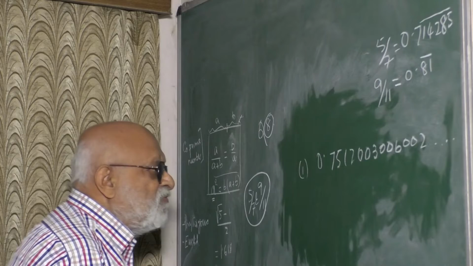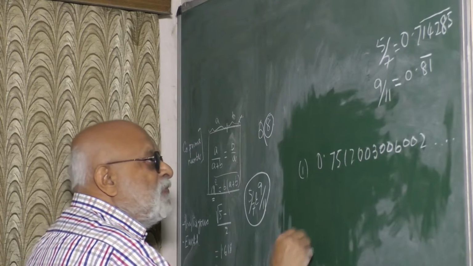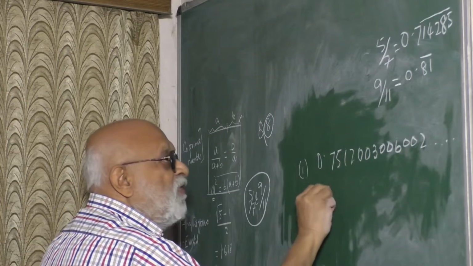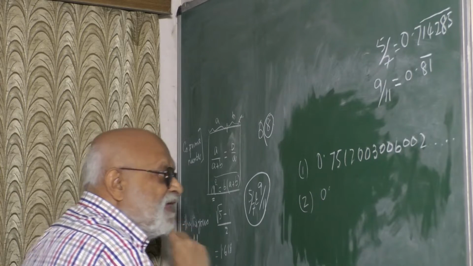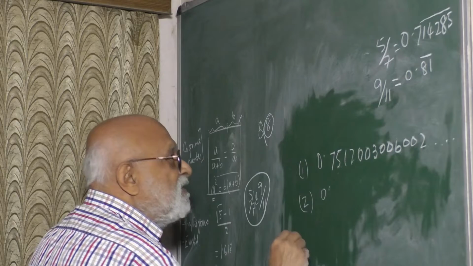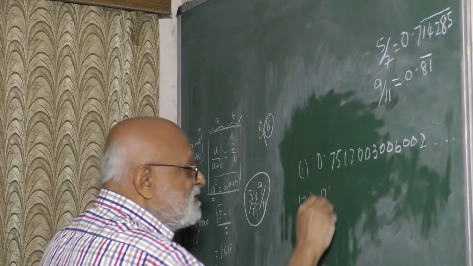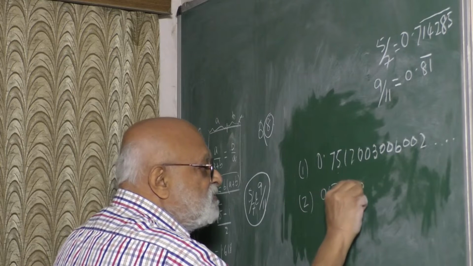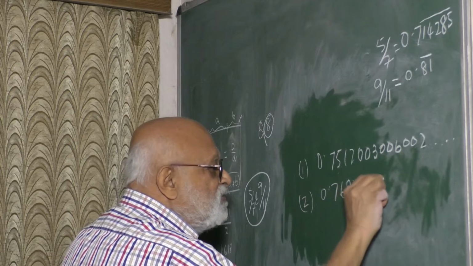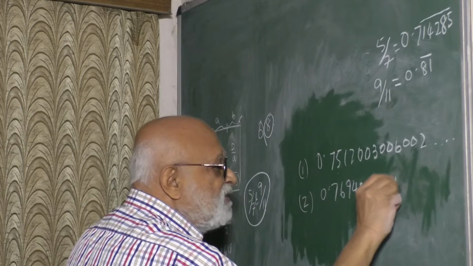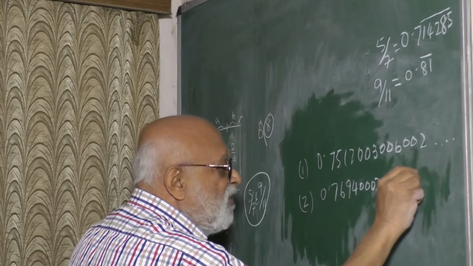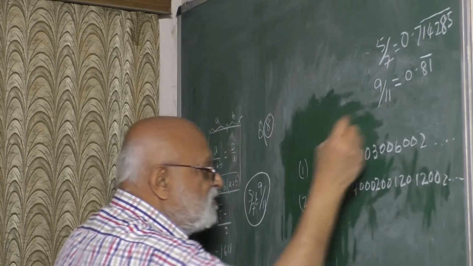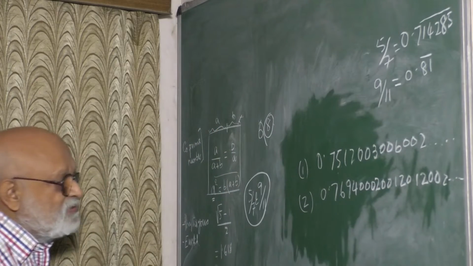This is number 1. Number 2, I can write 0.7694000200120120 02. So this is another irrational number.